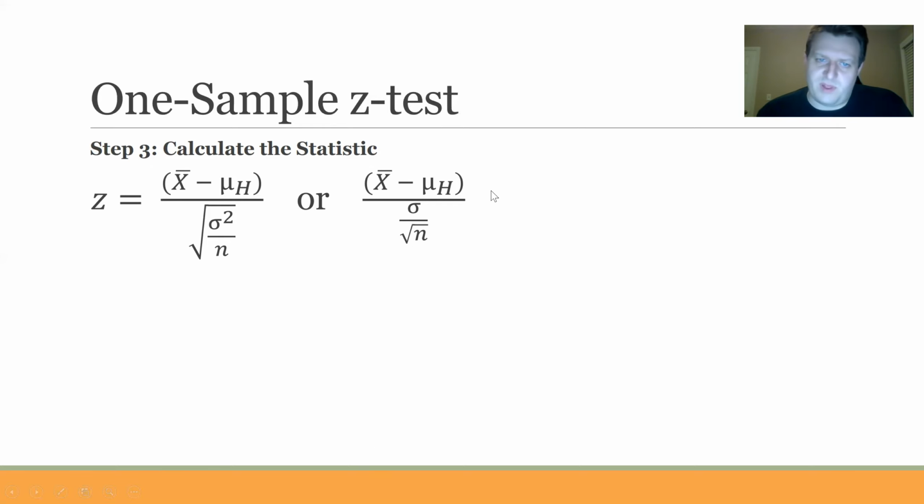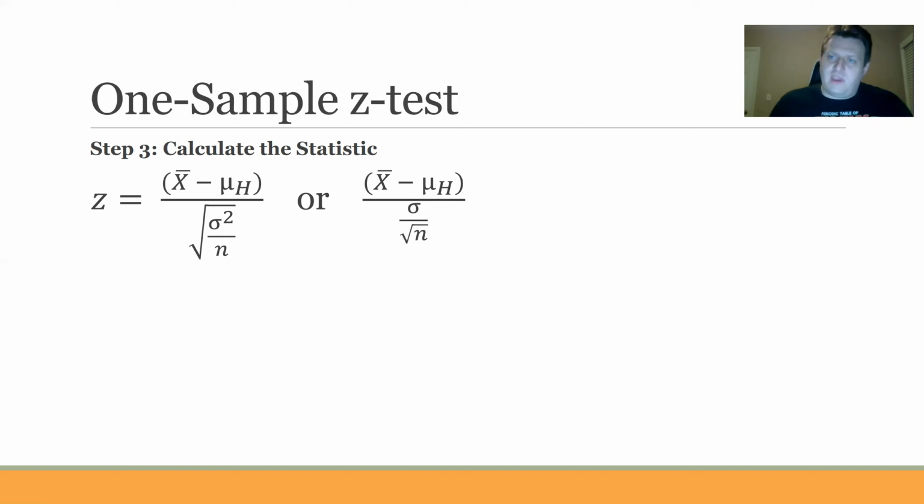Let's look at this one, though, because it's going to show you something interesting. This should look familiar. It's something minus something else over a standard deviation. It looks like the formula for calculating a z-score.